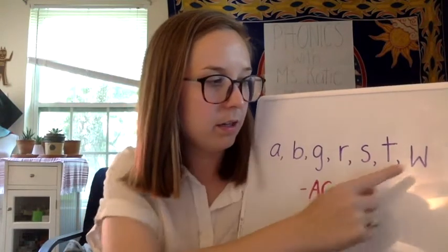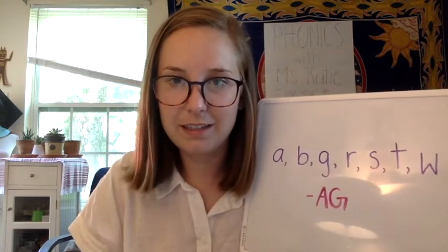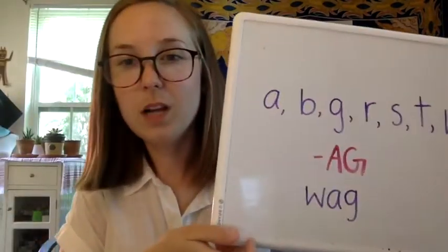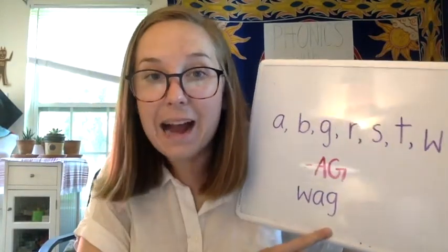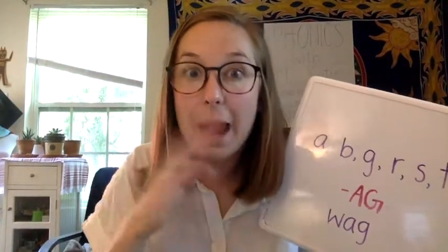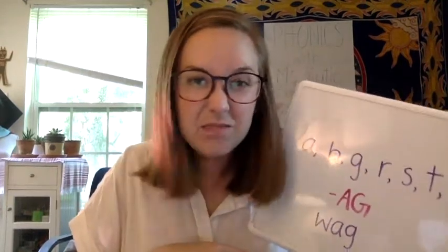What if I put W at the beginning and made it W-A-G? Let's look at that. What if I put those letters together? Ag, right? Wag, like when a dog is really happy, it'll wag its tail, go side to side.